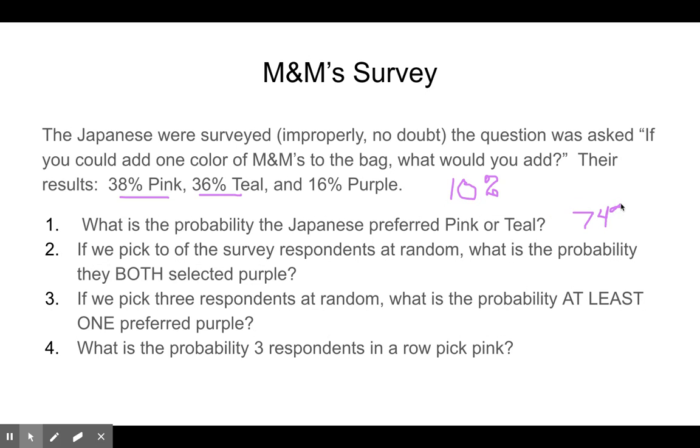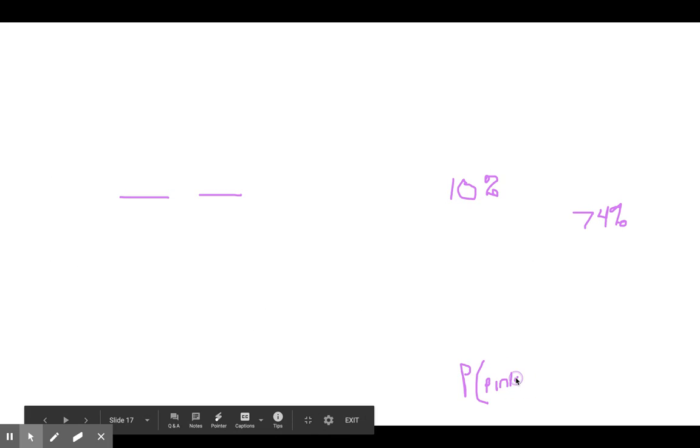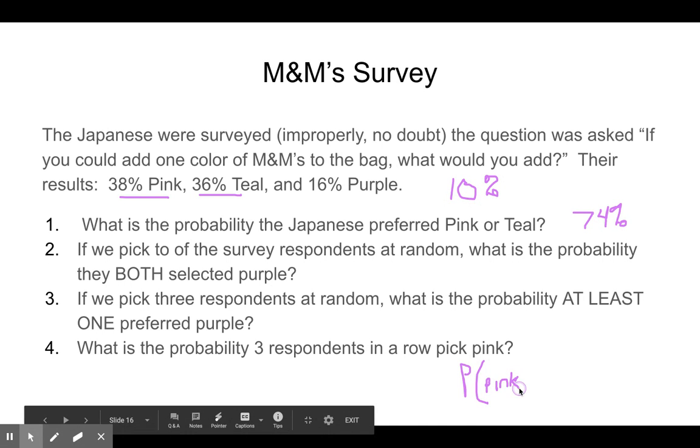And I'm not writing it out nicely like I really would on a free response question. I'd be using probability of pink, and the or symbol, this one, or teal. Or you can just write the word or.